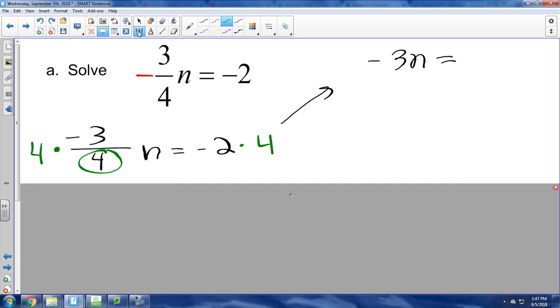Okay, so here's the deal. Check it out. What happens if I have this, like this 4/1 here? How do I reduce this? Divide 4 by 4, right? And what do you get? 1. Okay, what's -3 times 1? -3. What's 1 times 1? 1. Okay, so do you have -3 divided by 1?